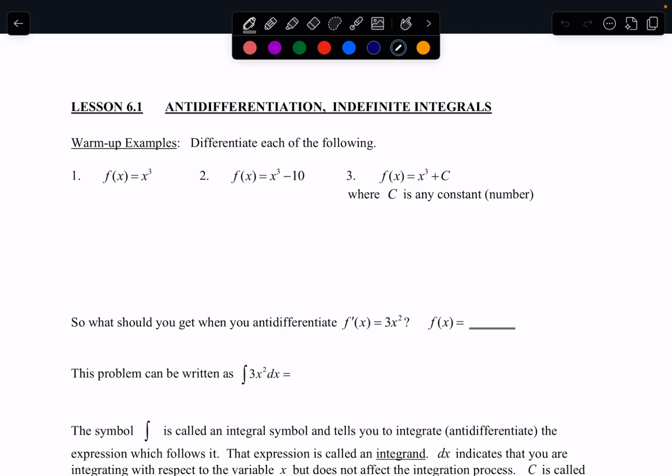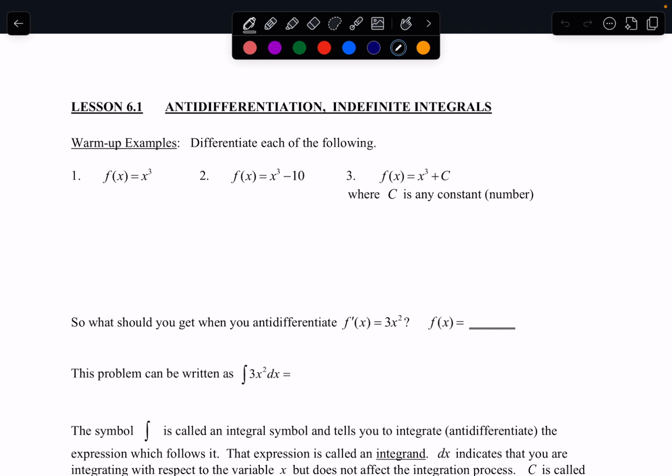So we're doing what is called antiderivatives or anti-differentiation, which another name for that is taking an integral. So kind of like division undoes multiplication, an integral undoes differentiation. That's why it's called an antiderivative, it goes backwards.